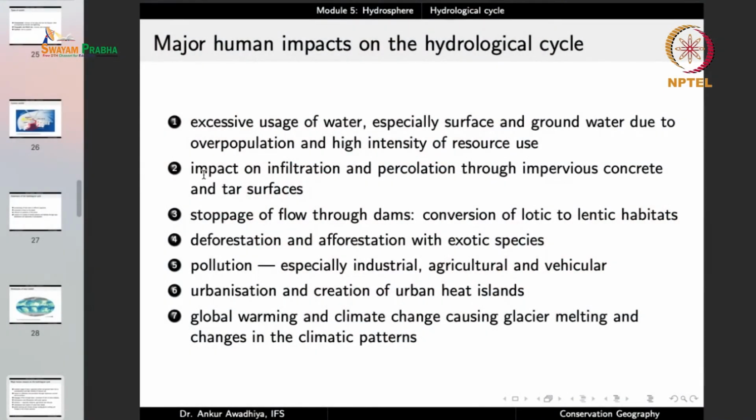If we do not have the wetlands, then the amount of groundwater will go down, because wetlands act as locations where a large amount of infiltration of rainfall, infiltration of surface water happens. Then we also have an impact on infiltration and percolation through construction of impervious surfaces such as concrete and tar.